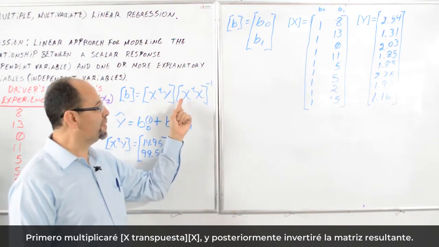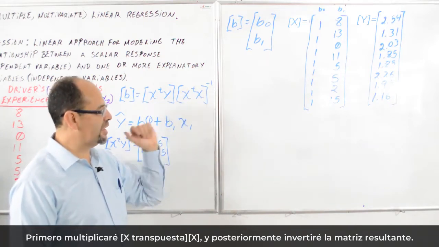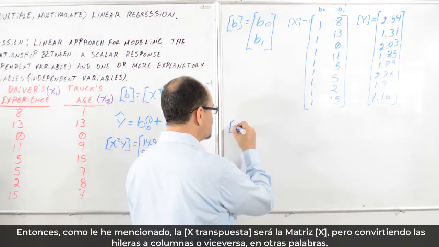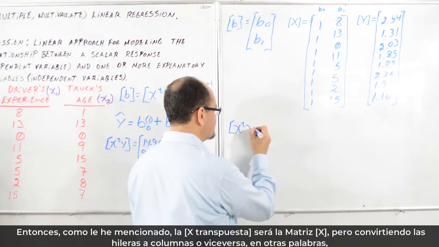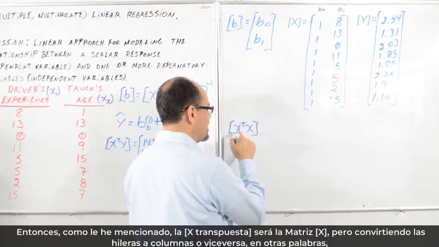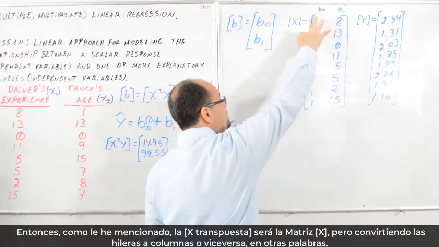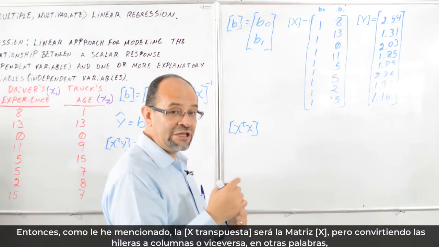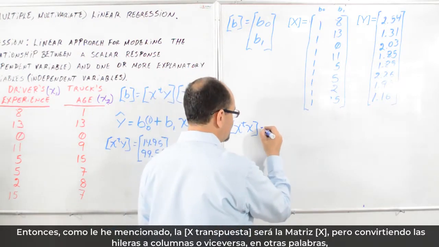So first I will be doing X transpose X, and it will be something like this one. As I have said, the X transpose will be matrix X, but I have to convert the rows into columns, or vice versa.